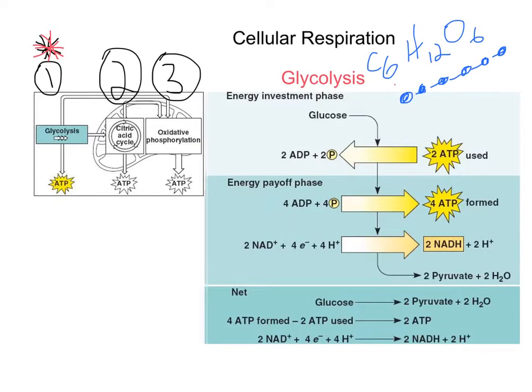And remember, as we discussed in class, usually you'll find it as a hexose. It'll be a ring structure with the oxygen being here and the carbon sticking up. So that's kind of what we're expecting to see when we're talking about glucose.